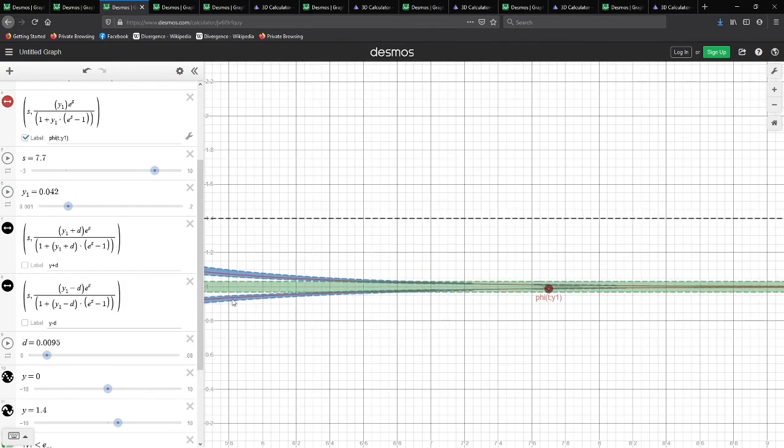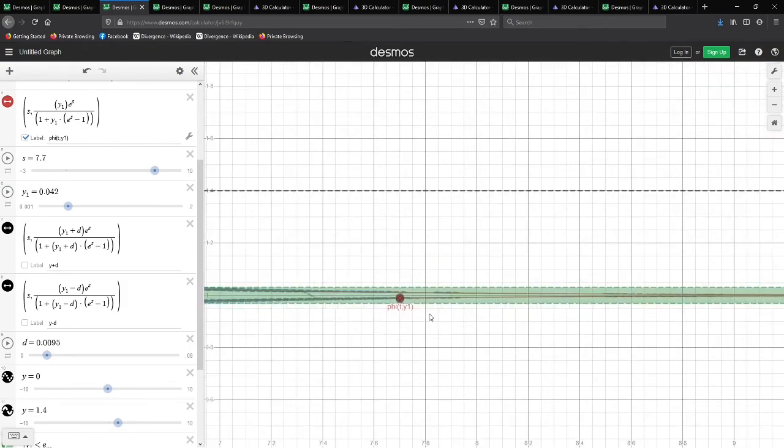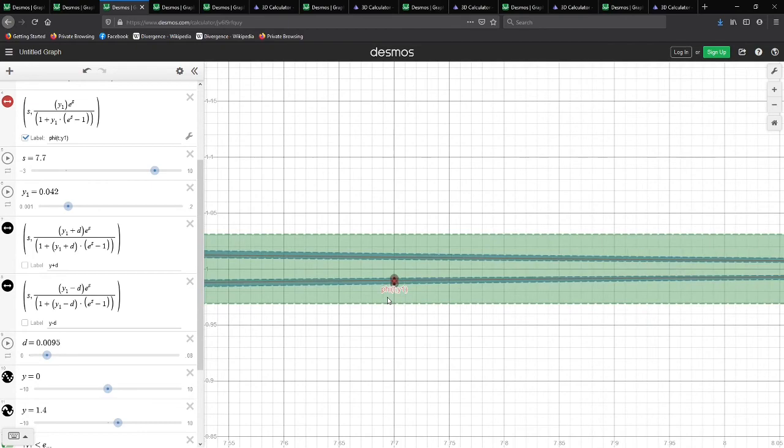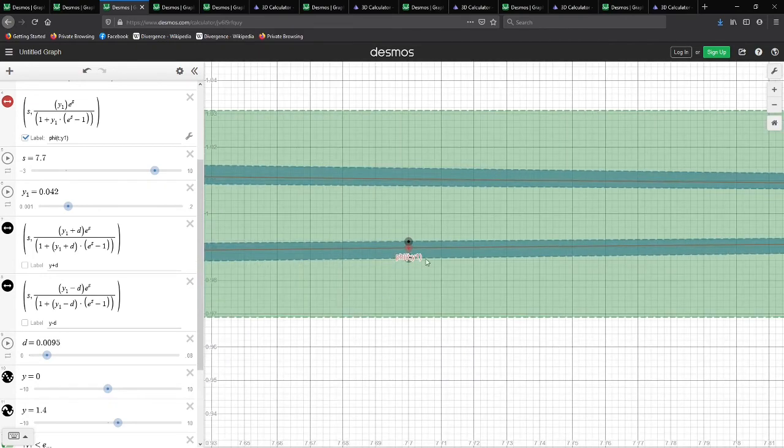And all of the solutions will enter into the epsilon region surrounding the second critical point. So I think this is a pretty illustrative demonstration of what we mean by an unstable versus a stable critical point. And specifically, 1 here is an asymptotically stable critical value for this function.